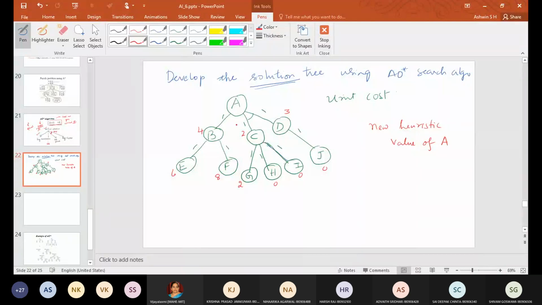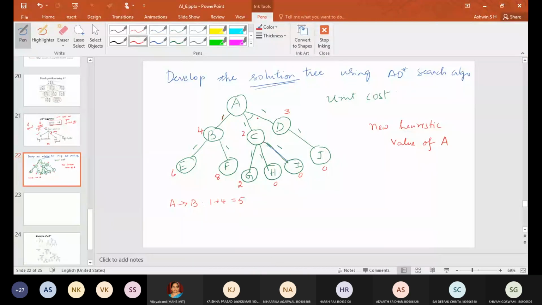It is not like the previous problem; it is slightly different. If we solve 2-3 problems, definitely the concepts will be clear. I just try to explain this now. Here, A to B: this is 1, this is 4. A to B when it is moved is 1 plus 4, which is equal to 5.